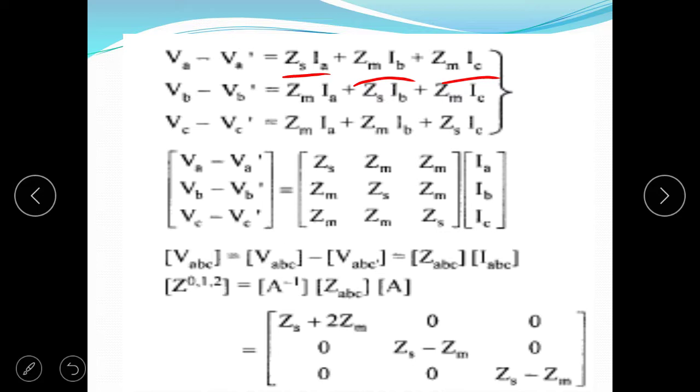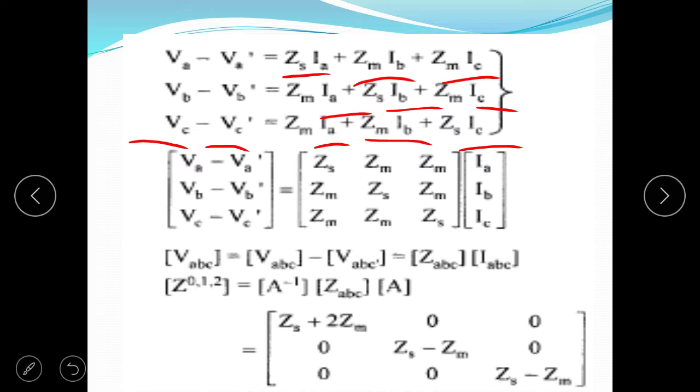Similarly, VB minus VB dash is equal to ZmIA plus ZsIB plus ZmIC. And for phase C, VC minus VC dash is equal to ZmIA plus ZmIB plus ZsIC. Now we represent the three equations in matrix form.